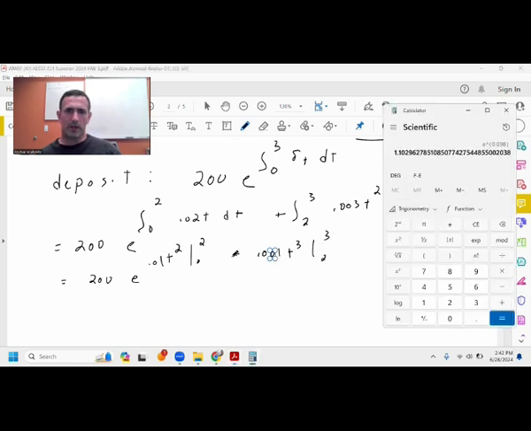So yeah, that's again 2 squared is 4, 0.04 plus 0.001 times 27, 3 cubed, minus 0.001 times 8, 2 cubed. All right.